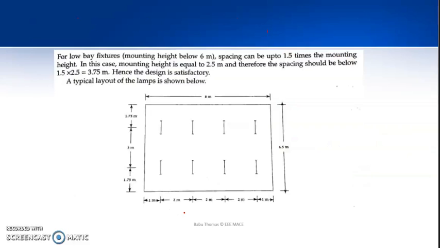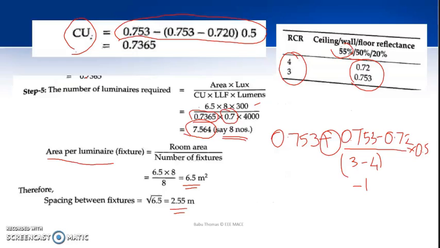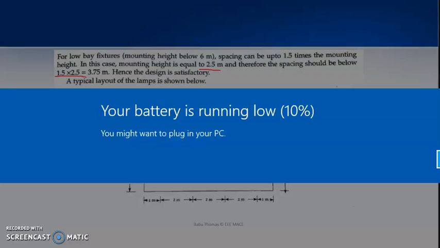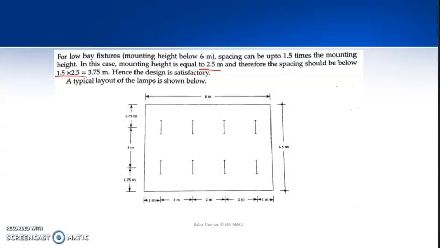Now the mounting height is equal to 2.5 meter, and therefore the spacing should be below 1.5 into 2.5, which is equal to 3.75. Whatever spacing between the fixtures you have obtained here, 2.55 meter, is less than 3.75, and therefore your design calculation is correct.